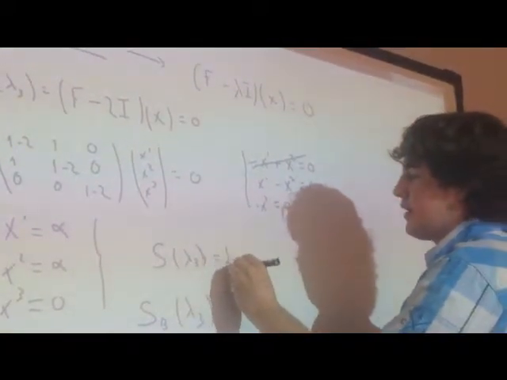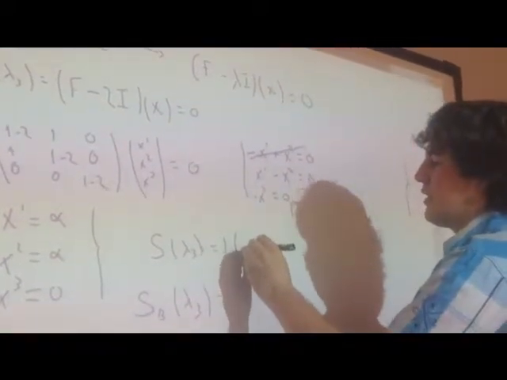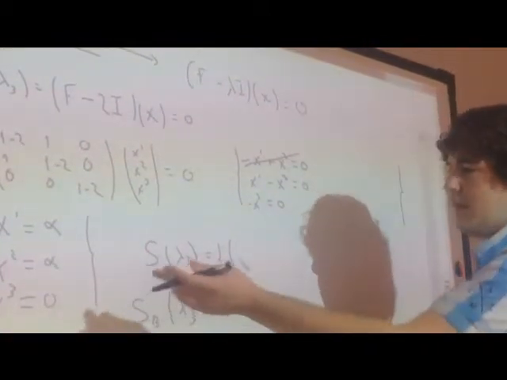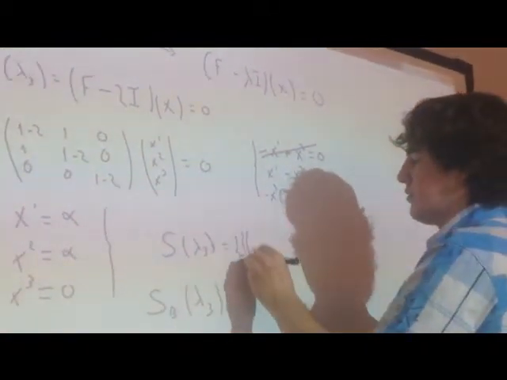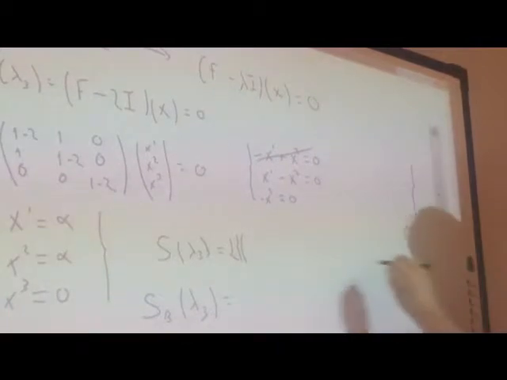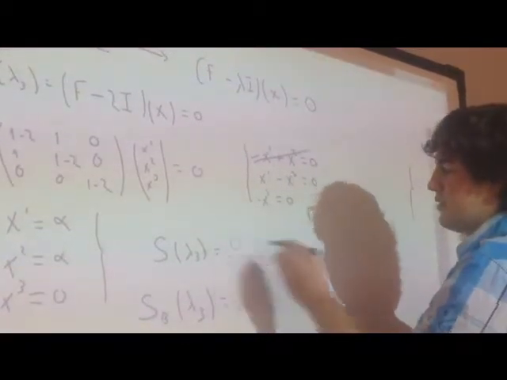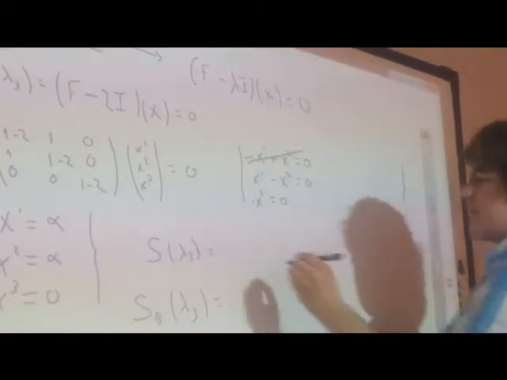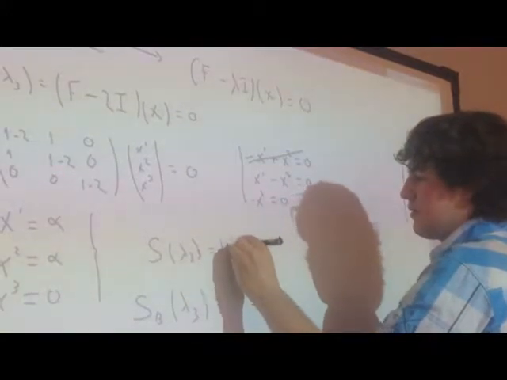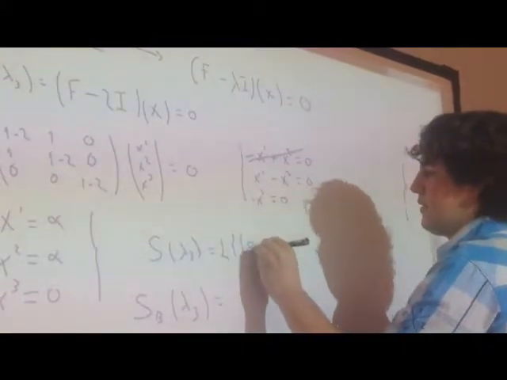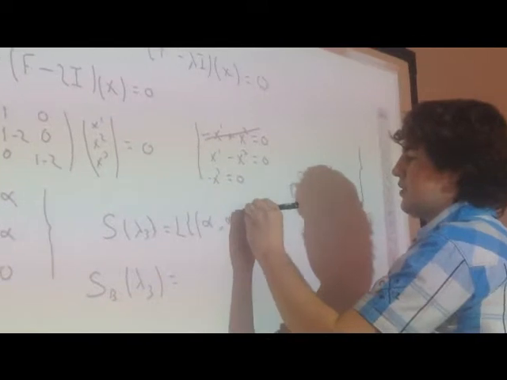So, the space is the one generated by alpha, alpha, and 0. Let's get it prettier again. Alpha, alpha, and 0.